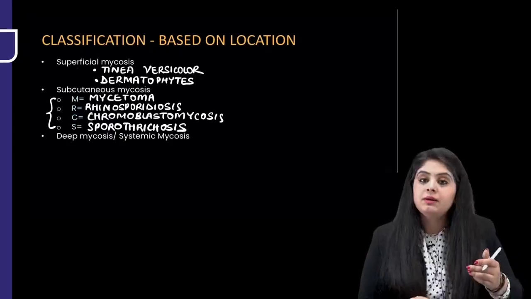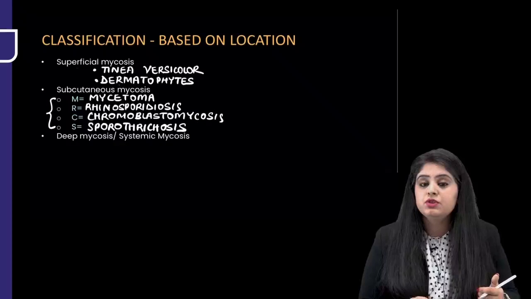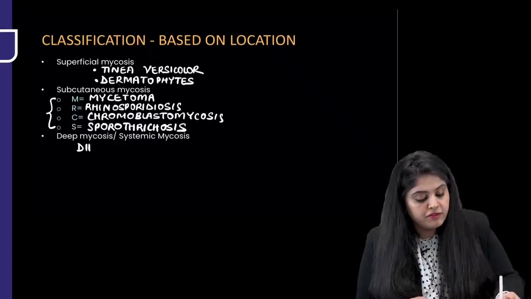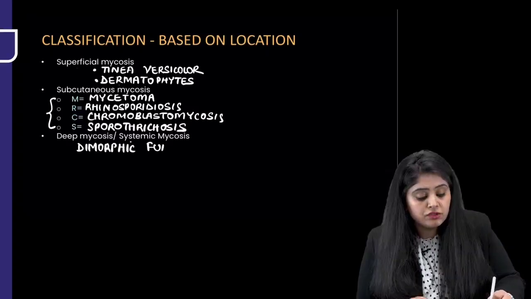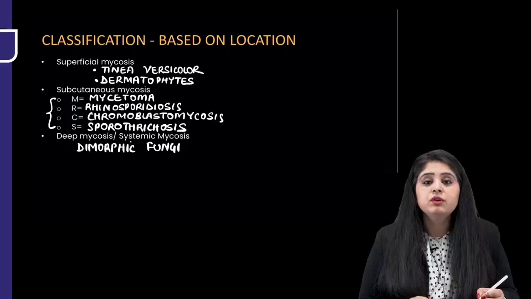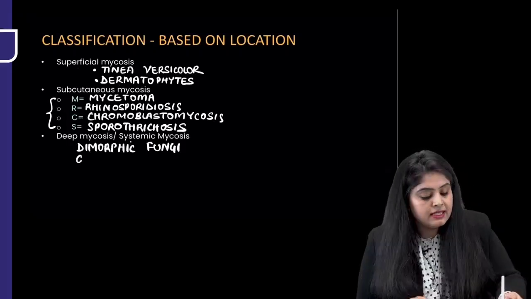Having said that, now come deeper into the organs, the deep tissues or the systems. And in these, all the dimorphic fungi are going to come. So all the dimorphic fungi which I just now taught you, if you guys remember, body heat probably changes shape. Yes, all of those are going to come. Other than that, many opportunistic infections are going to come.